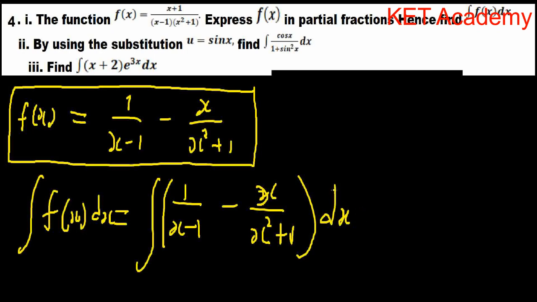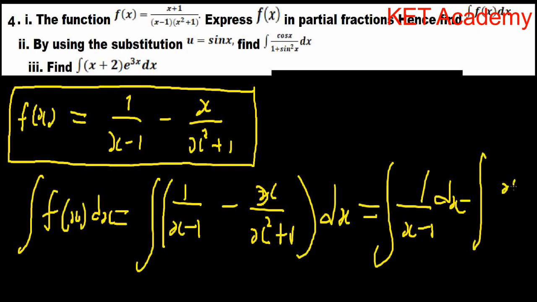So we can further simplify this. This is the same as the integral of 1 divided by x minus 1 dx, minus the integral of x divided by x squared plus 1 dx.